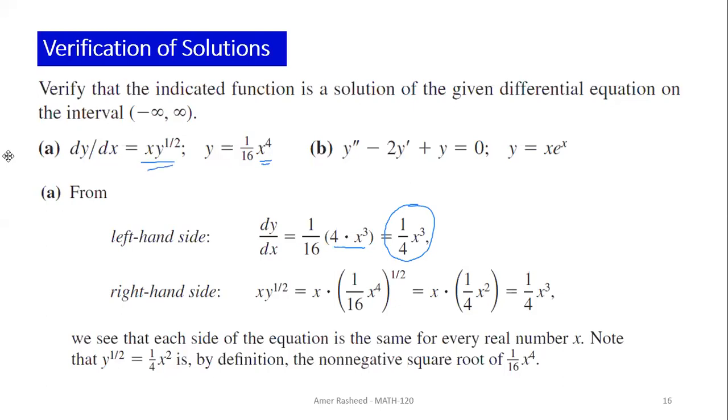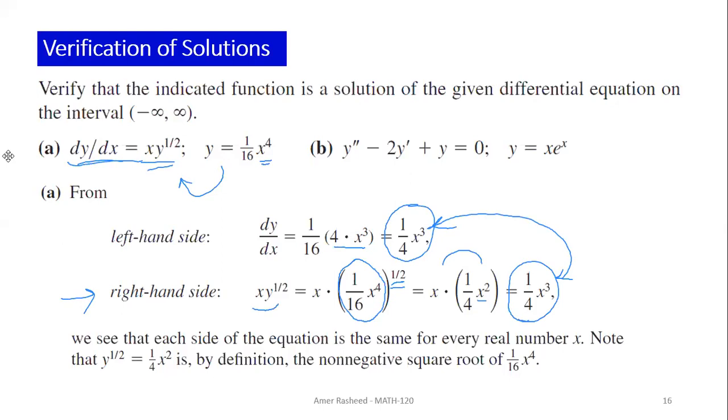Now on the right hand side, x times y power 1/2, where we put y as 1/16 x power 4 to the power 1/2, it becomes 1/4 x square. If we multiply these two, you get 1/4 x cube again. So the right hand side and the left hand side are the same. So this equation reduces into an identity.